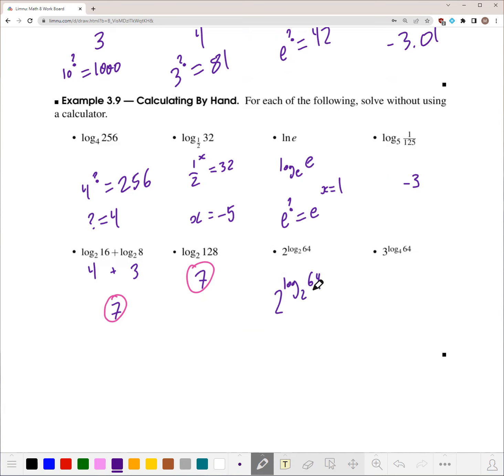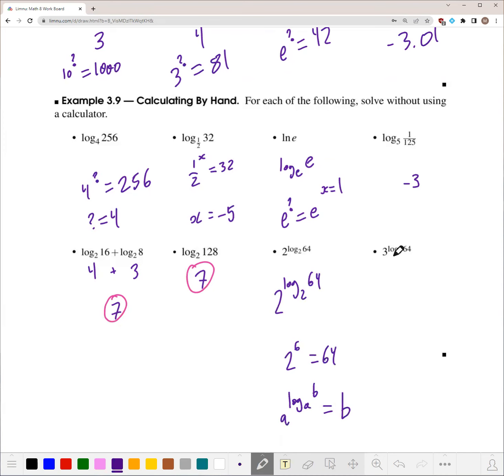If it's in an exponent, I can think about solving this first. Well, our exponent, log base 2 of 64, is, well, 2 to the power of something is 64. So that's 2 to the power of 6. So this becomes 2 to the 6. Well, 2 to the 6, we just finished saying that's 64. A really cool thing: if I've got a to the log base a of b, that's actually going to just be equal to b.